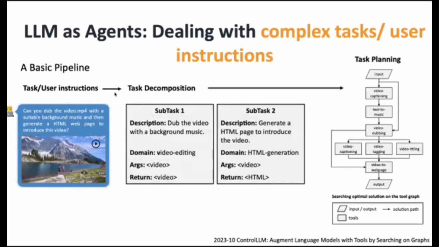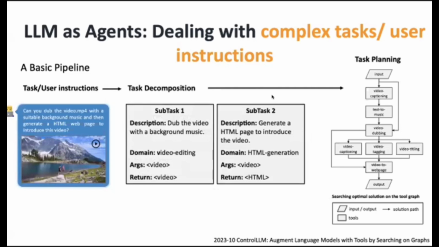Given this complex task to the agent, the large language models can firstly decompose the task into several subtasks. For example, the first subtask is matching the video with the background music. So this is a video to music task, and the second task is to generate a web page to introduce the video. So it's an HTML generation task.